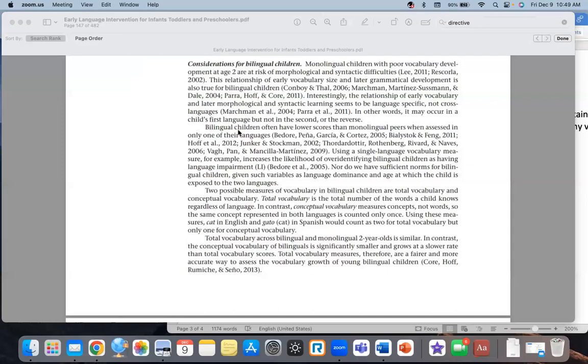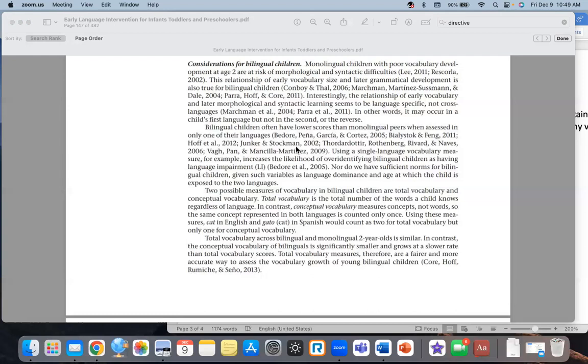Yes, and then I have one more and I posted it in the chat. Speech and language development in deaf children and amplification prognosis. Okay, so when we're thinking of children who are deaf or hard of hearing, what does their speech and language development look like?